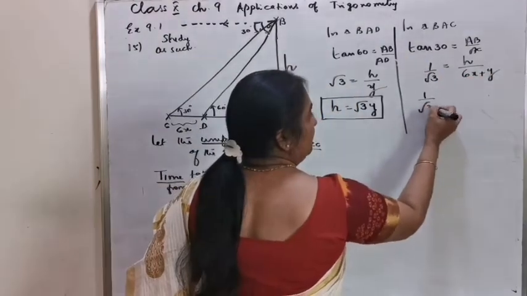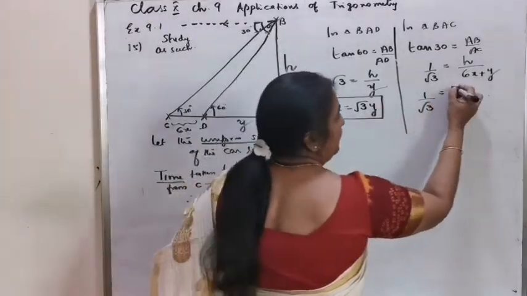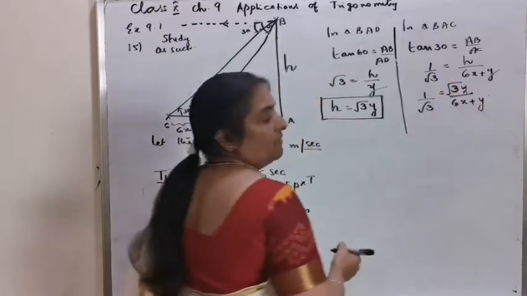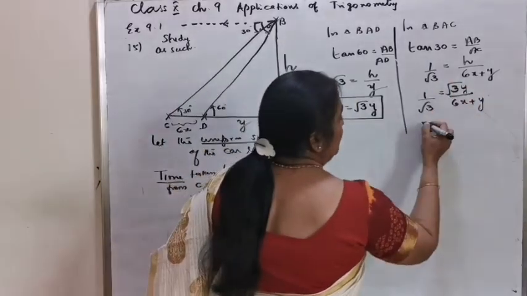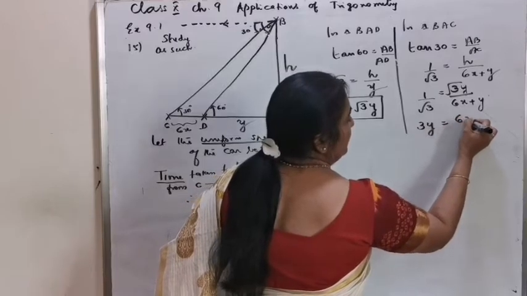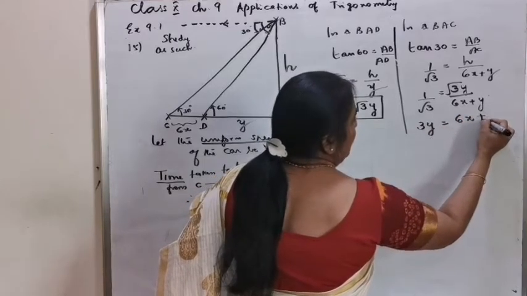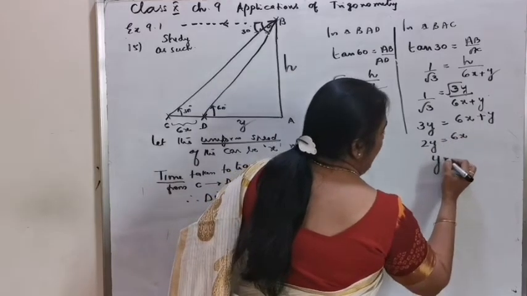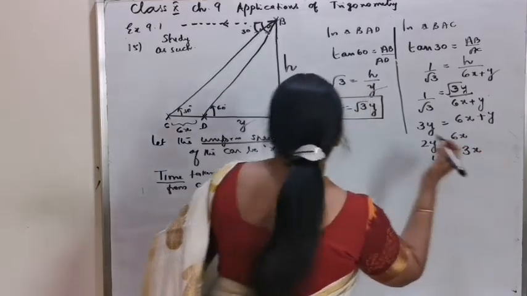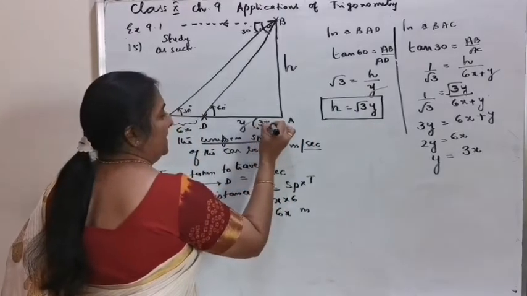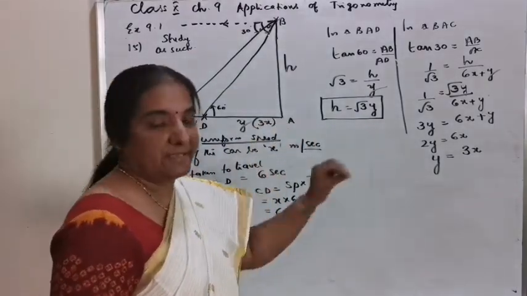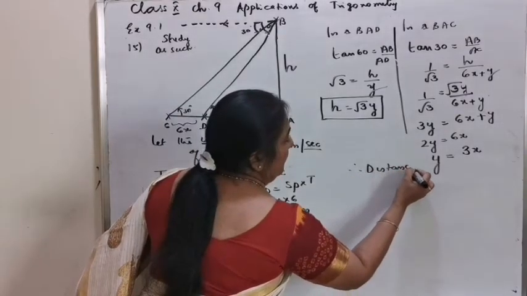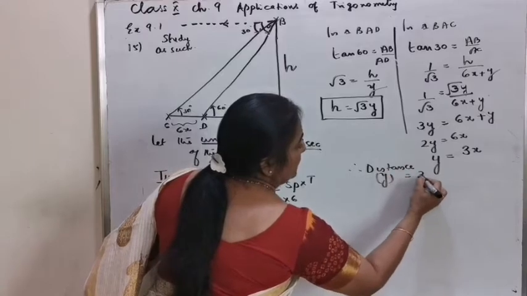Replace h as root 3y, so 1 by root 3 is equal to root 3y by 6x plus y. If you cross multiply, root 3 into root 3 is 3y, which is equal to 6x plus y. So 2y is equal to 6x, or the value of y is 3x. Therefore, distance y is equal to 3x.